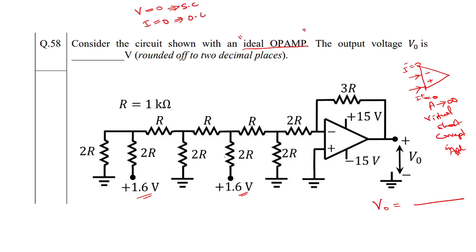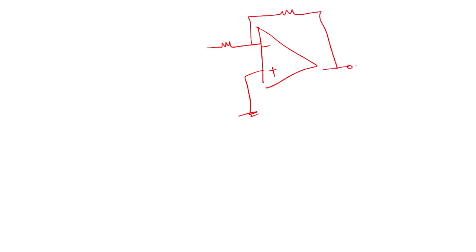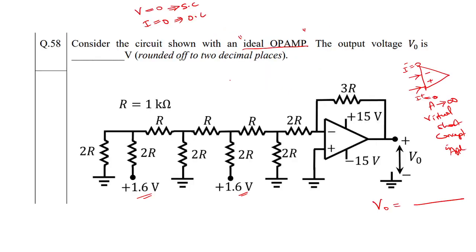In this circuit, there are no current sources. There are only voltage sources, right? So what we can do is this. Let me redraw: minus, plus. This is connected to ground, and here is 2R. This is V0. This is 3R, 2R, right?